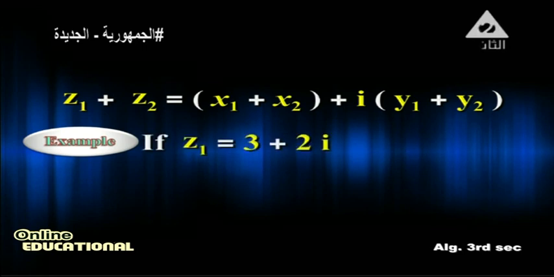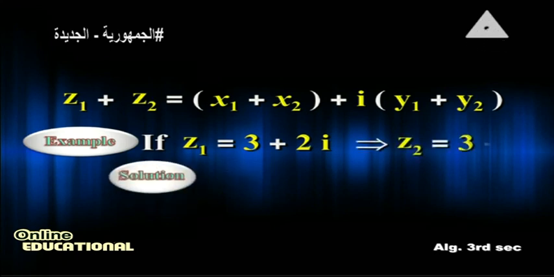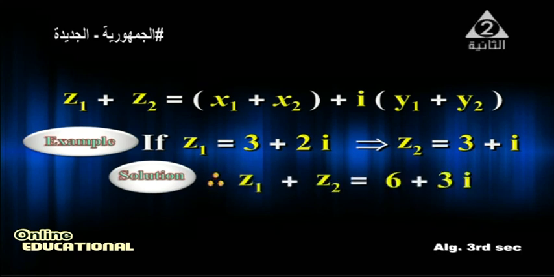Example: Z1 equals 3 plus 2i, Z2 equals 3 plus i. Z1 plus Z2 equals what? 3 plus 3, real with real, 2 plus 1, 3i. Then Z1 plus Z2 equals 6 plus 3i.